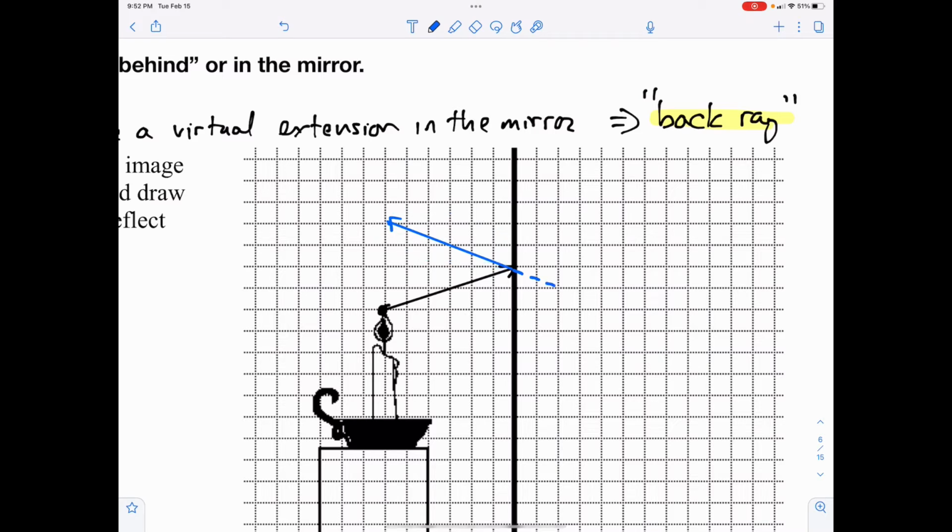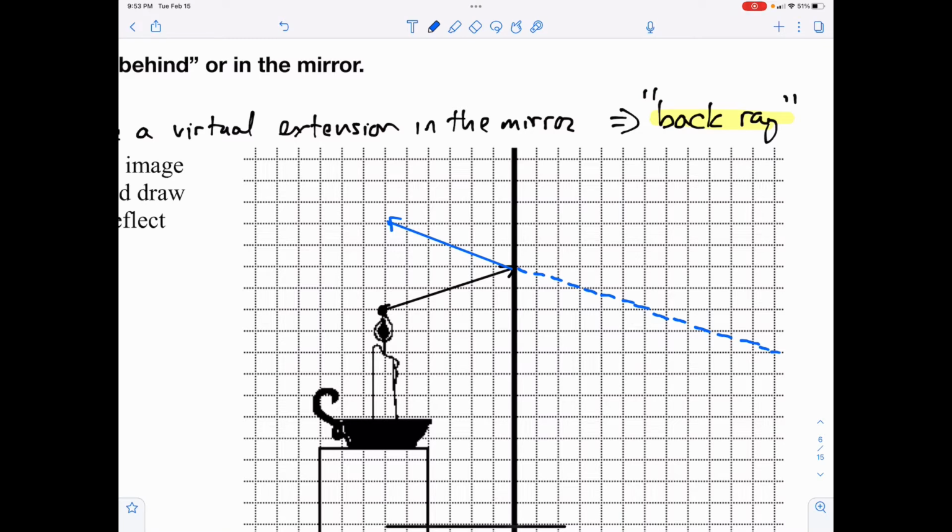So I have a back ray that's going to be going 2 up, 6 over. And I'm just going to trace it as long as it goes, like that. Okay, so there's my first incident ray, reflecting ray, and back ray.